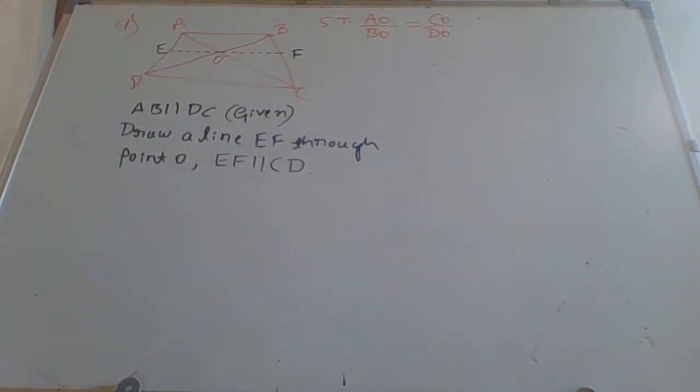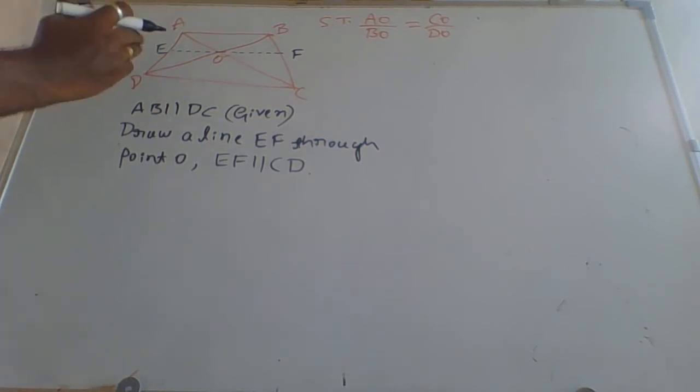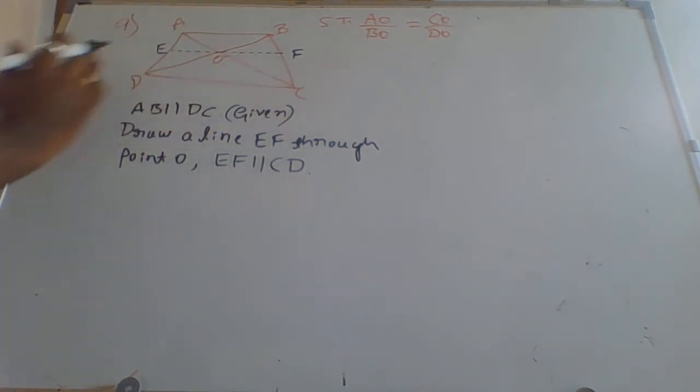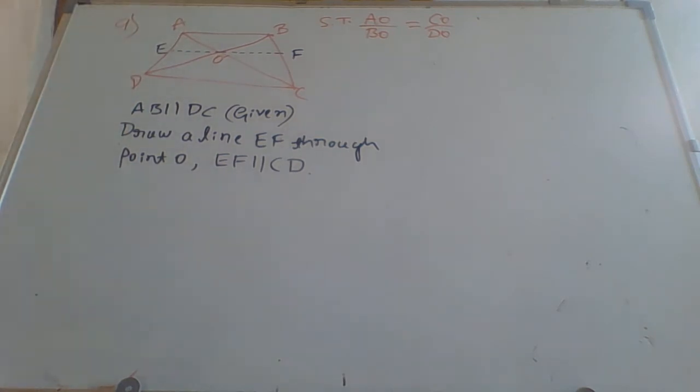So now after this construction, we have the line EF parallel to CD which passes through point O.